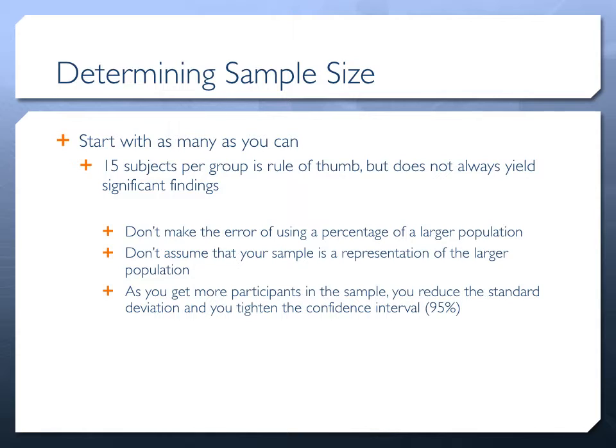Remember, the null hypothesis is basically saying that what you are expecting is not going to happen. And if you reject the null hypothesis, then your study is showing, wow, there's really an effect here. The more participants you get, the higher the power of that study, and the more confident you are to reject the null hypothesis.